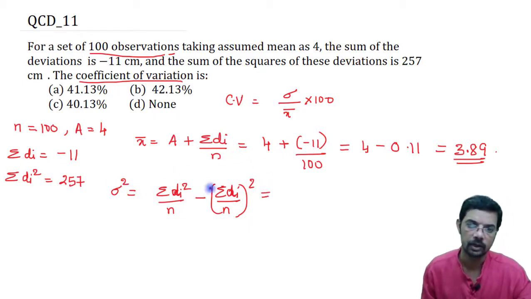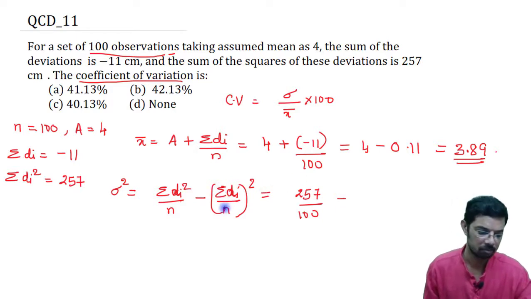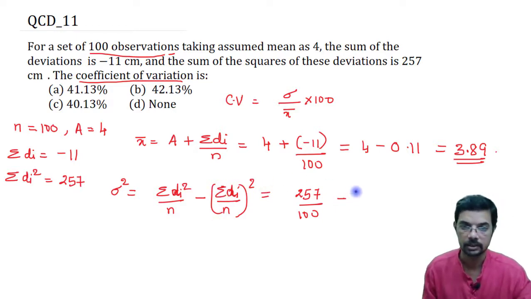So we shall put the values. Sigma di square is given to you as 257, so this is 257 divided by 100 minus sigma di by n the whole square, that is minus of minus 11 by 100 the whole square.